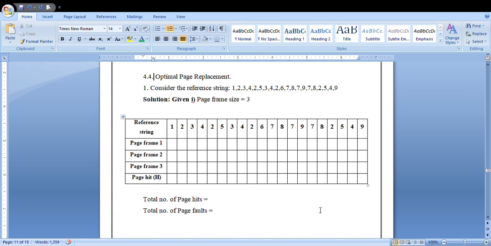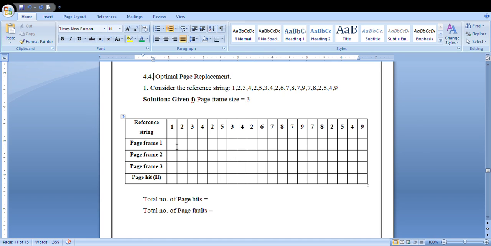But in optimal page replacement, even though a page is the oldest, you check whether you are using it further in the reference string. If it is arriving again, you keep it as it is, based on the arrival of that page number.